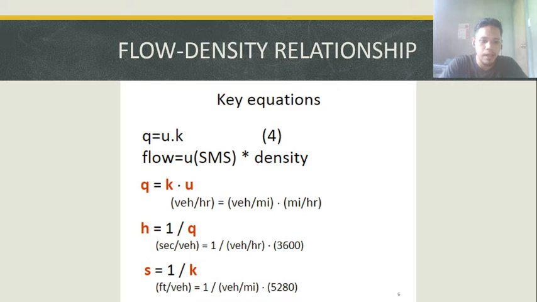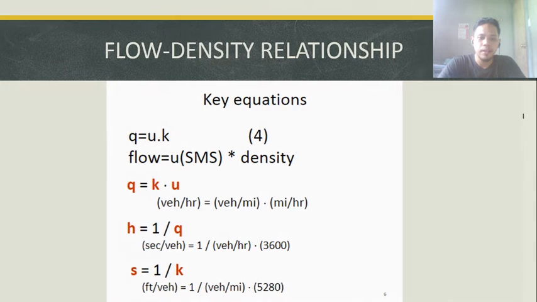H, which is the headway, is 1 over Q, which has a unit of seconds per vehicle, and can be converted to hours per vehicle. And S is equal to 1 over K, where S is the spacing of vehicles, denoted as feet per vehicle, or can be converted to miles per vehicle.